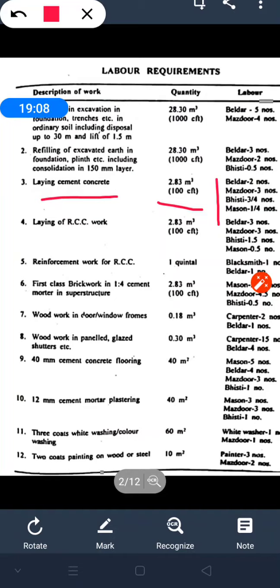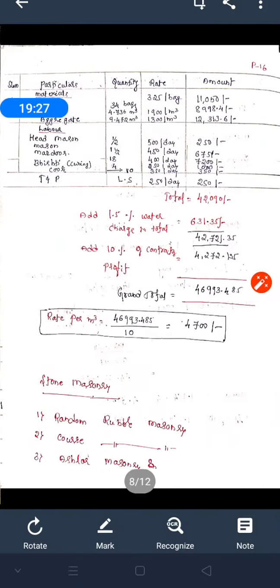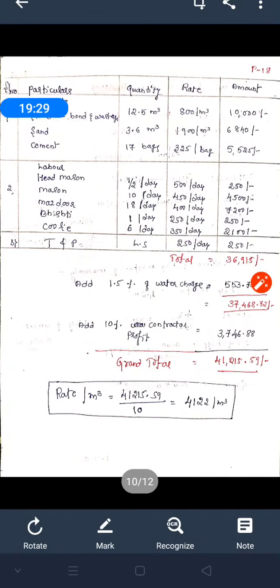So 10 divided by 2.83 gives one value. That value should be multiplied to these labors, and then we get the labors.